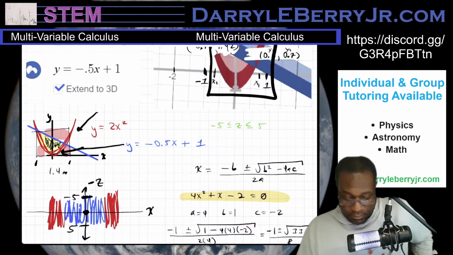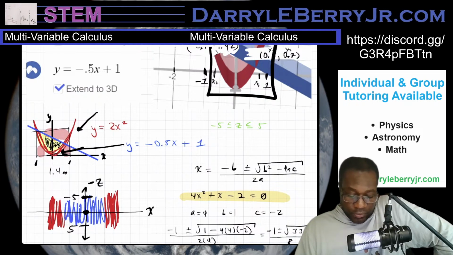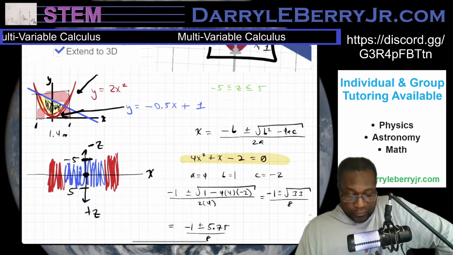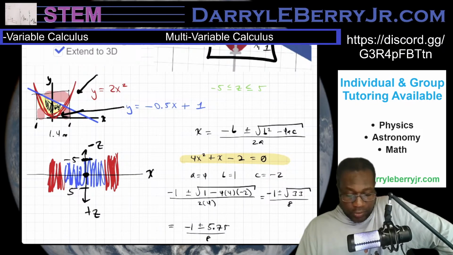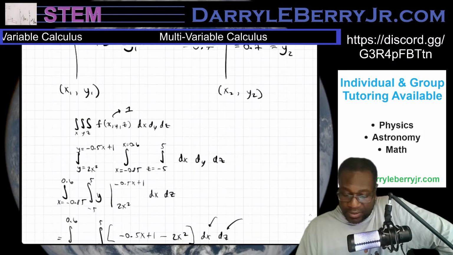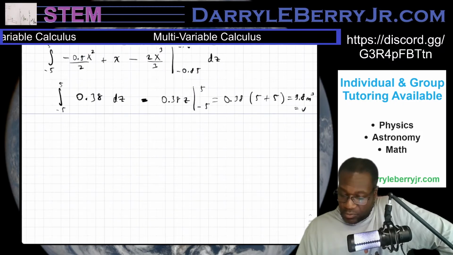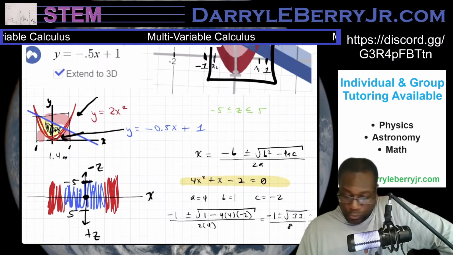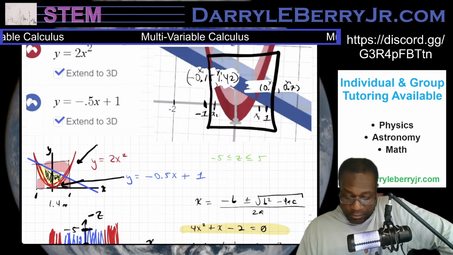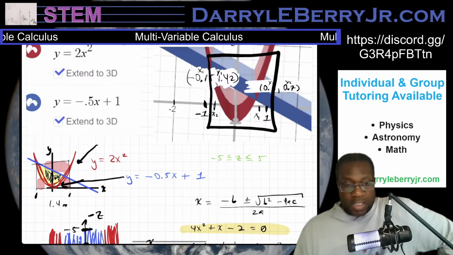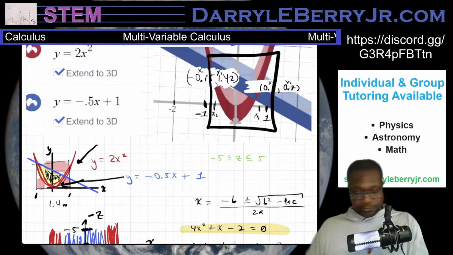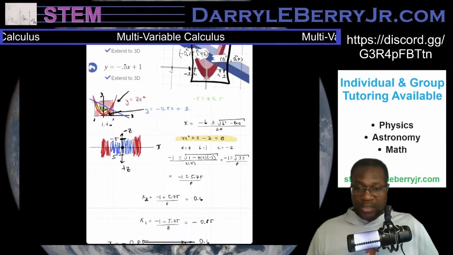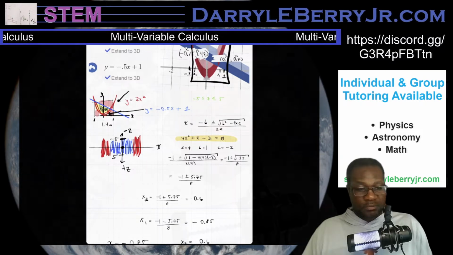You integrate over y, those are your bounds along y. Then integrate that over x, that gives you the area. Then integrate over z, and you have the volume, which is 3.8 meters cubed for this entire area, which I would say initially seems reasonable.